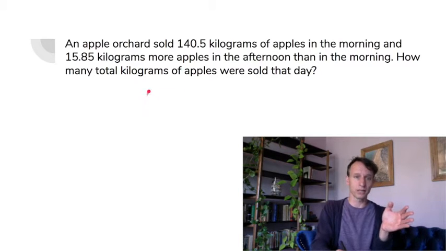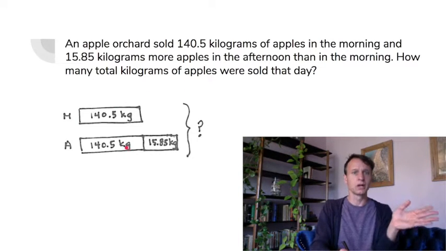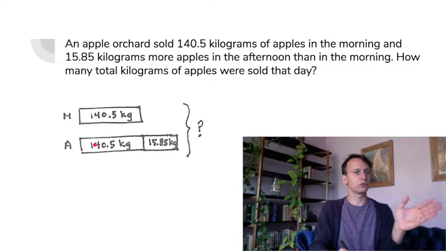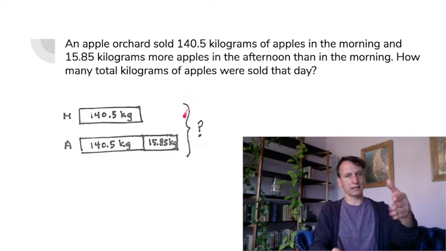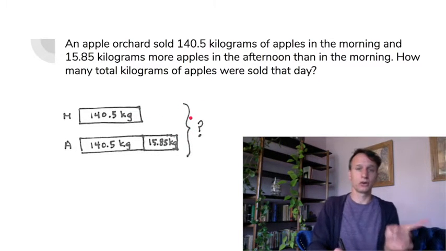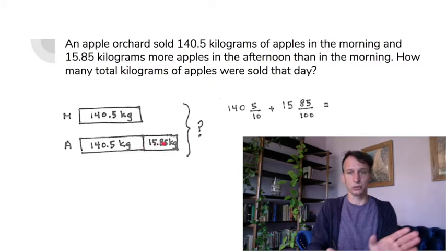So we have morning and we have afternoon. Morning, 140 and 5/10. Afternoon is that plus the additional amount. And our bracket indicates, hey, we want to find the two of them together. So let's do that. So let's first find afternoon, 140 and 5/10 plus 15 and 85 hundredths. Okay, so 5/10 is how many hundredths? 50 hundredths.